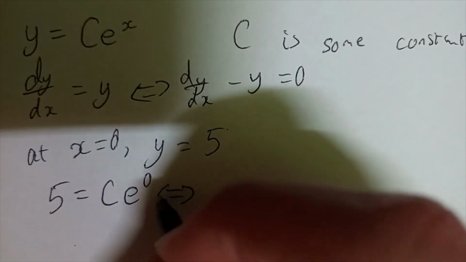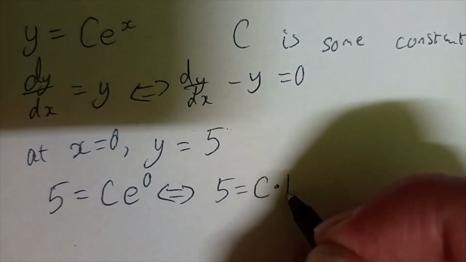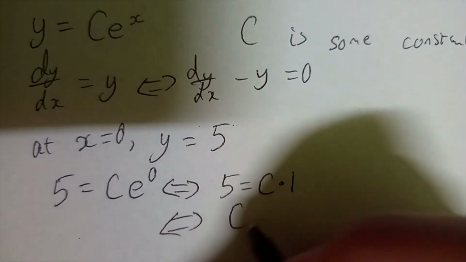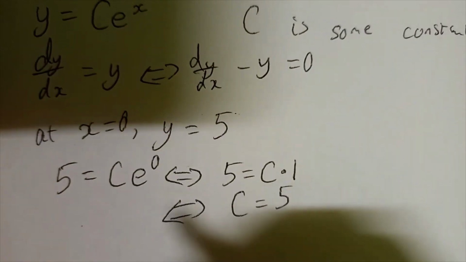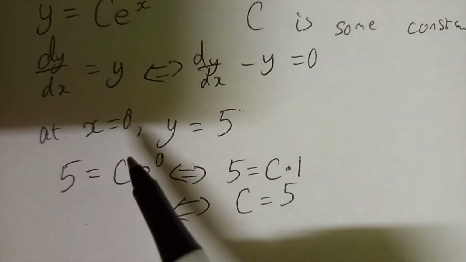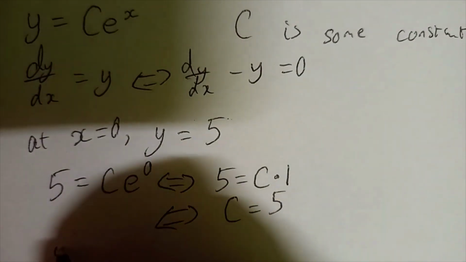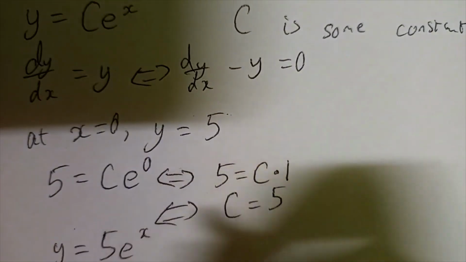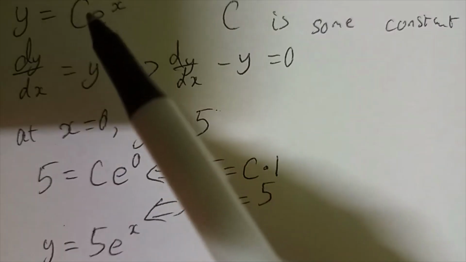So this is equivalent to 5 equals c times 1, or in other words, c equals 5. So the solution to this initial value problem involving both the differential equation and the initial condition is going to be y equals 5 times e to the x, where 5 has replaced this unknown constant c.